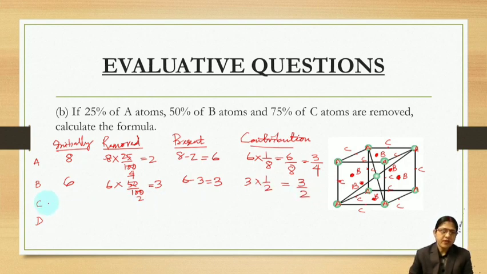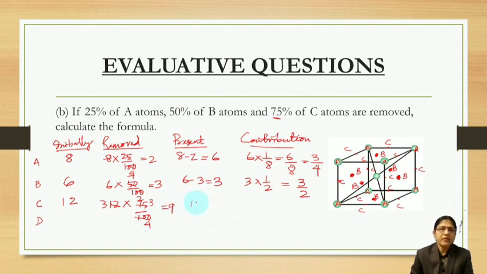Right. Then C. C is edge center. Edge center initially how many? 12. And removed here 75% of C atoms are removed. So 75% we need to calculate 12 into 75 by 100. So 4 3s are 12. So we got here 3 3s are 9. So 9 atoms are removed.